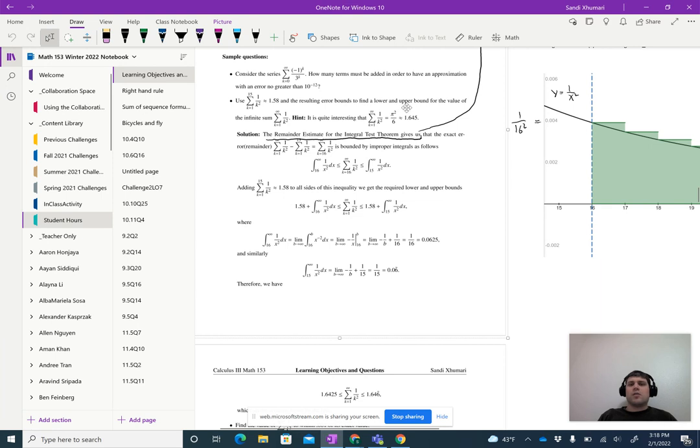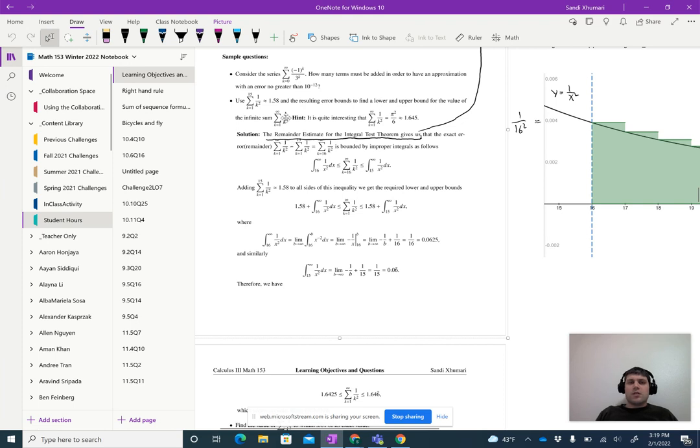But in general, we don't know what it converges to. We know this certainly converges by the integral test and p-test, but we don't know what number it converges to. In this case, it's pi squared over 6, but we want to be able to approximate this within any error that we want.